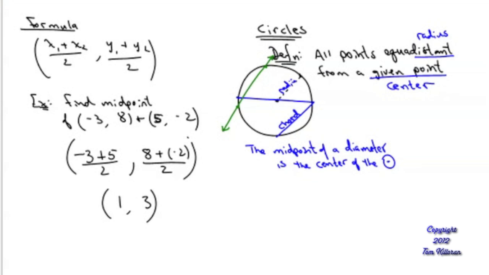How about secant? Sounds good. Secant. And if you have a line on the outside that hits the circle exactly once, this is called a tangent.